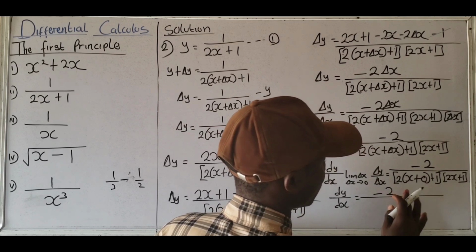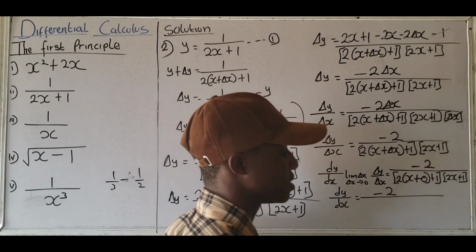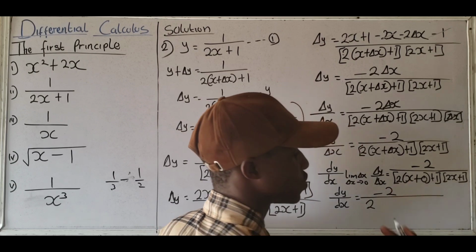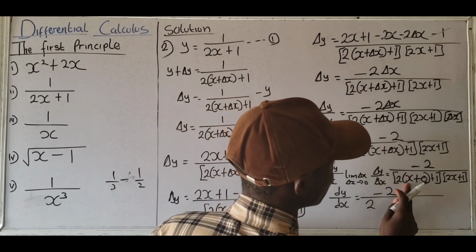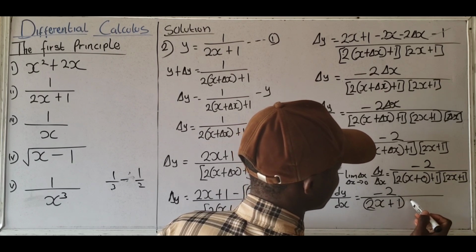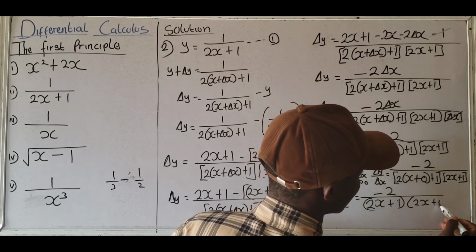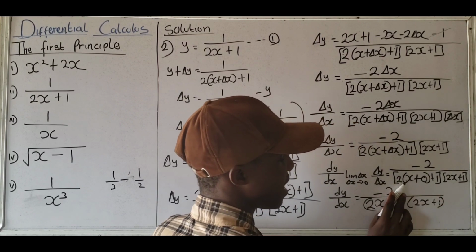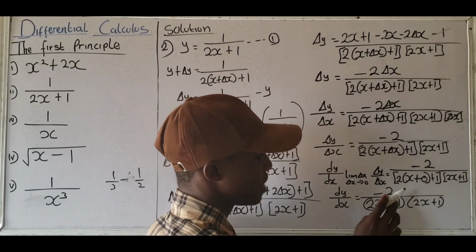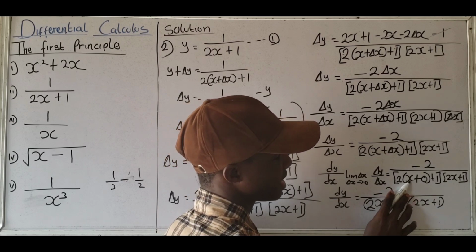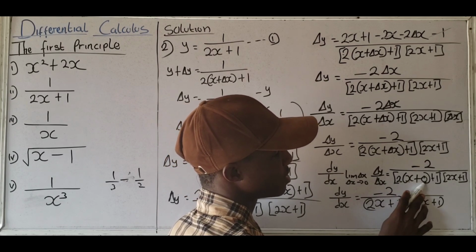Now, that means I'm going to have dy all over dx is equal to negative 2 all over. Now, let us simplify. x plus 0 is x. I'm going to have 2 multiplied by x, that is 2x, okay? So I'm going to have 2x plus 1 multiplied by 2x plus 1. If you simplify this, kindly pay attention, you're going to have 2 multiplied by x, that is 2x. 2 times 0 is 0.